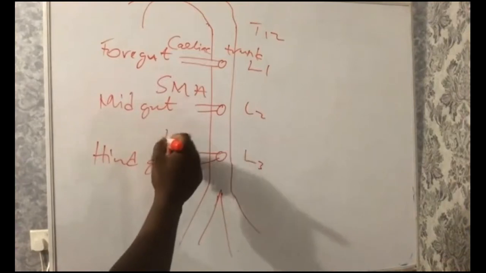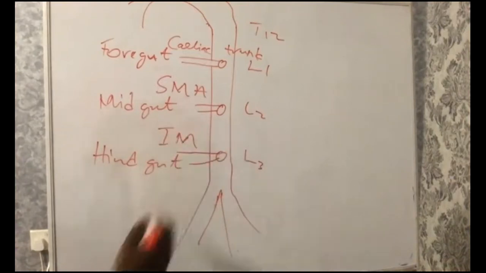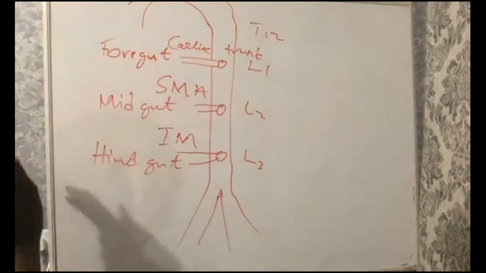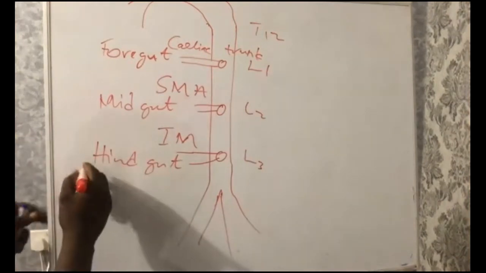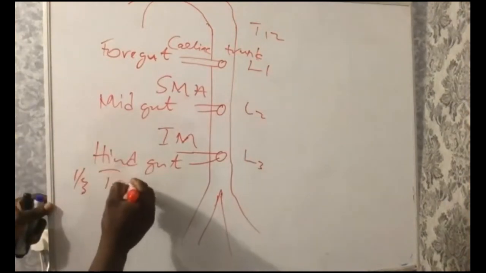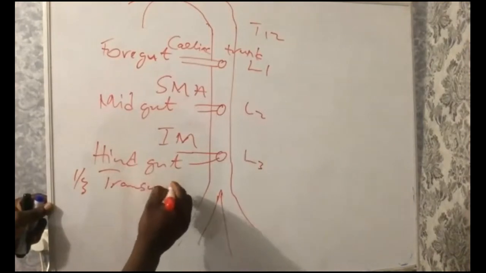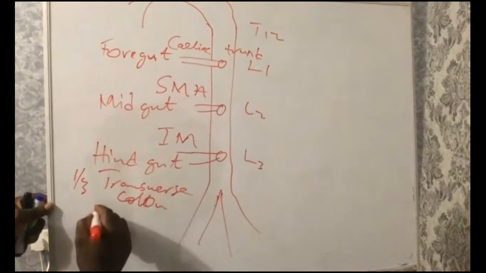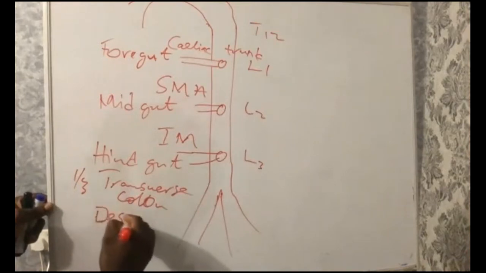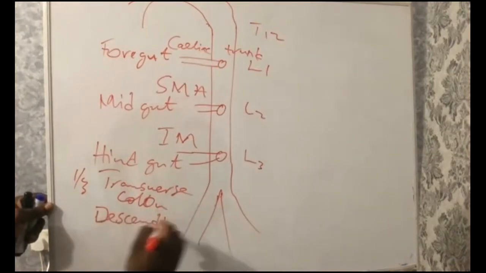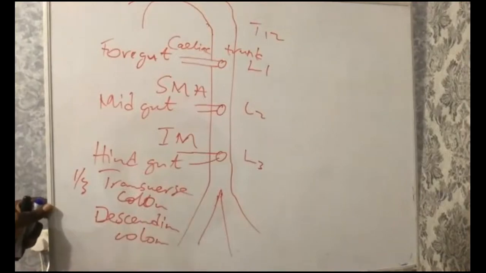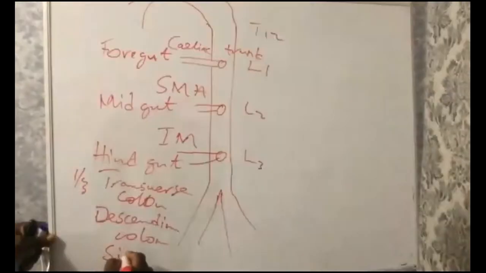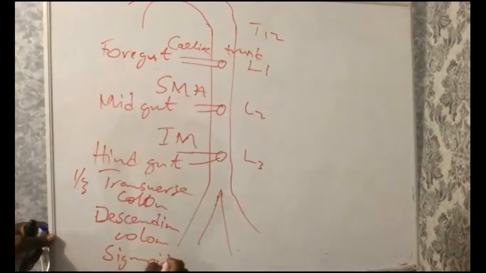The inferior mesenteric artery supplies the last 1/3 of the transverse colon, the descending colon, the sigmoid colon, and the superior rectum.